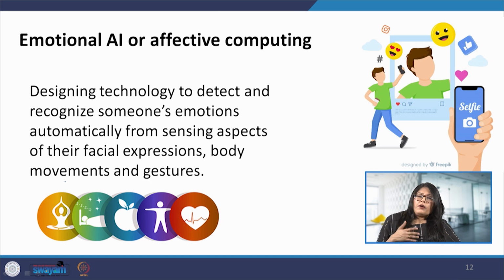So when people are driving and if they are angry, it is known that when somebody is angry, they will drive more rashly. They will drive at high speed, they will probably overlook the signals, and that will lead to maybe some accident or some other kind of tragedy.